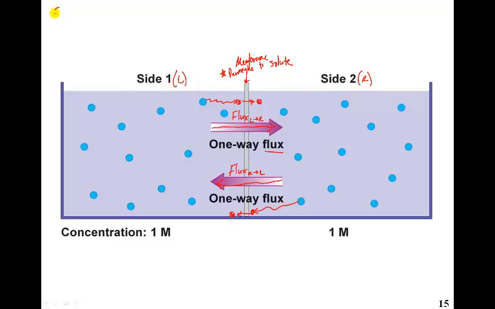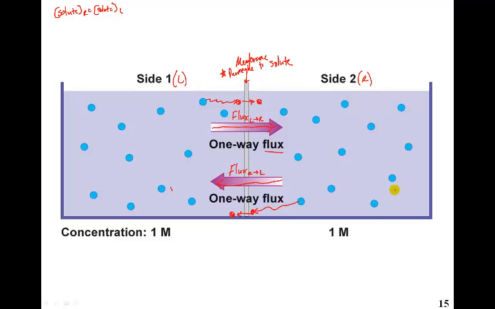In the scenario that's been drawn here, the concentration of solute on the right is equal to the concentration of solute on the left. So basically, the number of solute molecules on the left is equal to the number of solute molecules on the right.